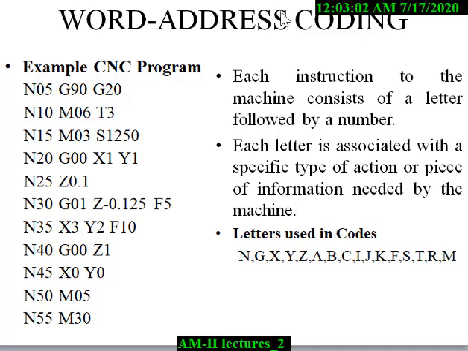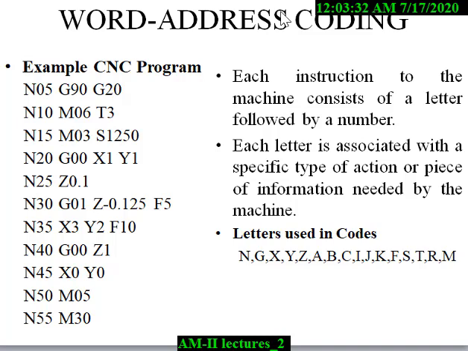So the advantage of using intermediate sequence numbers is that between N10 and N15 you can insert four new lines of code. Okay, so that is the advantage. Basically it is the user's choice whether to use intermediate or continuous sequence numbers. The first one is N05, the first sequence number.